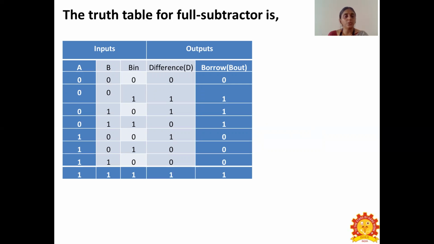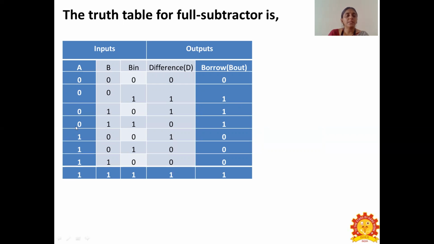And the third input here is 0 for A value, 1 for B value and 0 for B in value. Here the difference D in the output is 1 and the borrow output value is also 1.